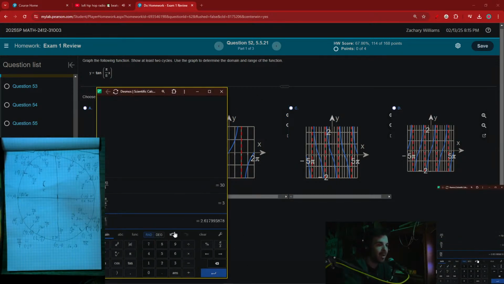Pi over 8. It is 8. So it's going to be, what, 8 wider? So now I'm just getting confused.